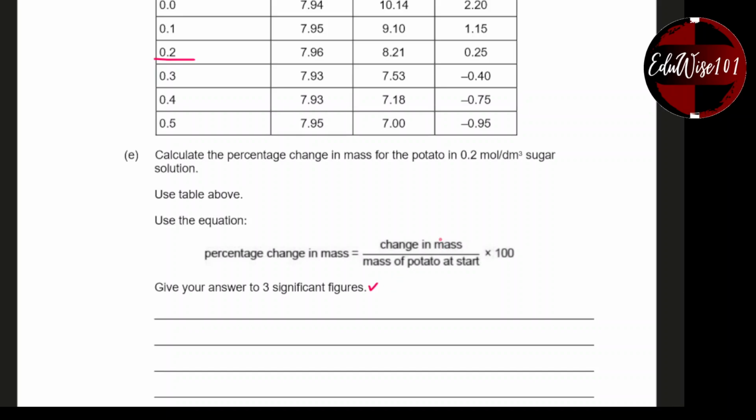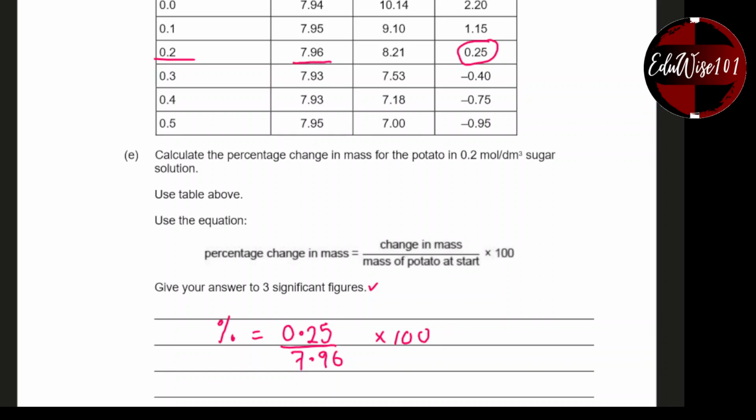So the percentage change is equal to the change in mass. What is the change in mass? That's 0.25, divided by the mass of the potato at the start, which is 7.96. Multiply that by 100.